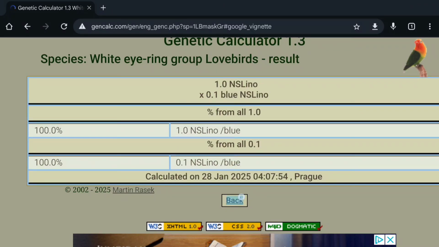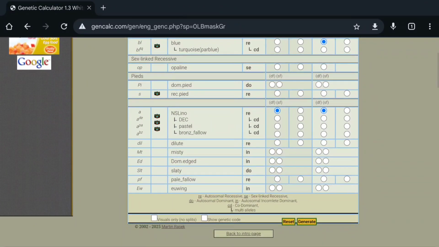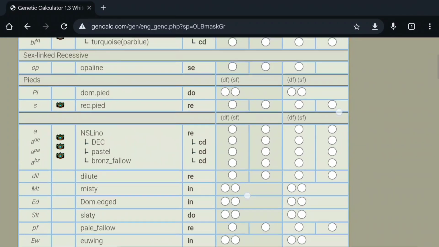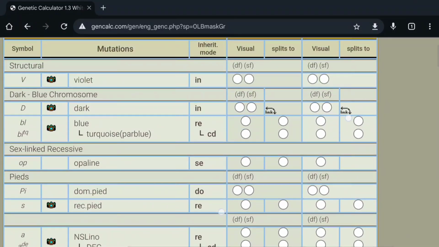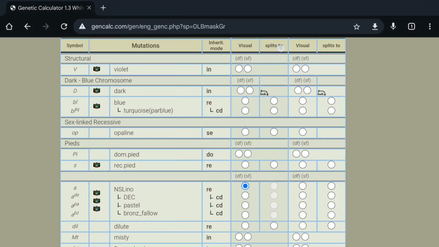So if we continue with these births, let me reset it. Yeah, so we saw that we got Lutino Fisher males which were split for blue, right?